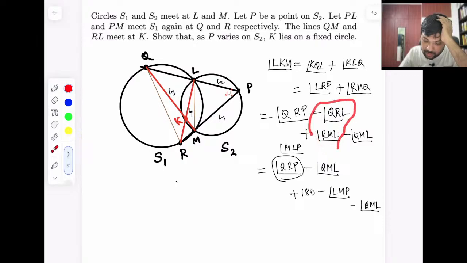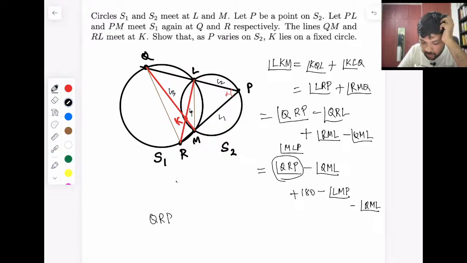So RML minus QRL. Notice, guys, RML is RML, but QRL is QML. So if you subtract QML from RML, you'll get QMR. Is it worth doing? Yes, I did.